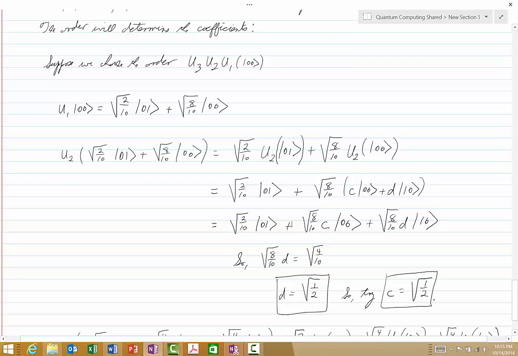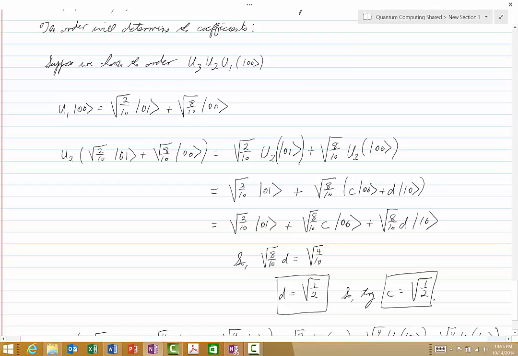u2 of 0 0 is c 0 0 plus d 1 0, and then when we multiply that out by the square root of 8/10, we get this. And again, our reasoning is that the only other operation that's going to act on this is u3, and we know that u3 does not change the 0 1, it does not change 1 0, so those two are going to slip through.